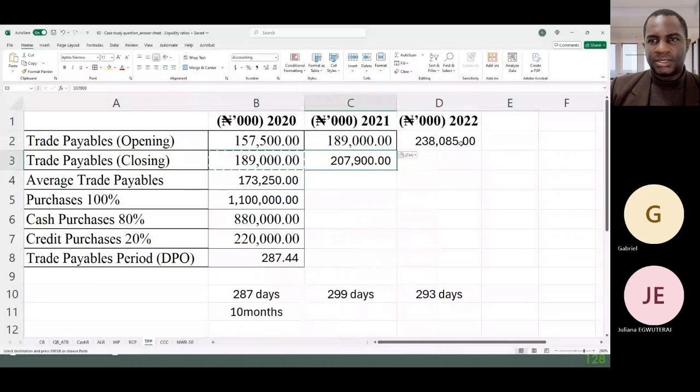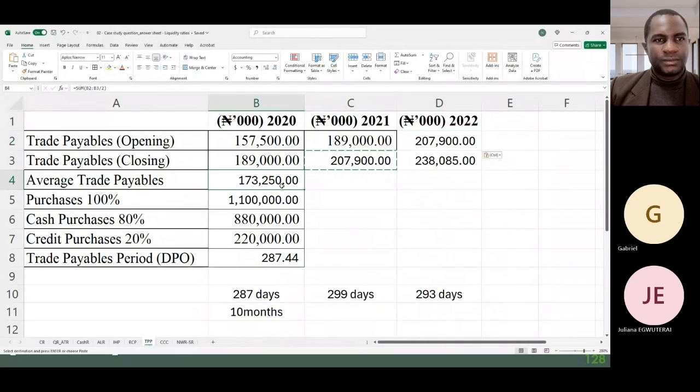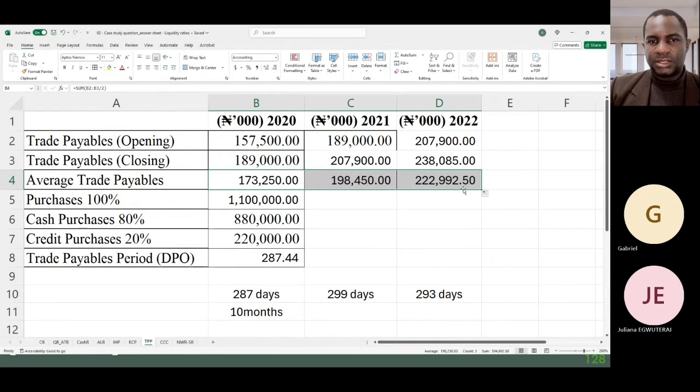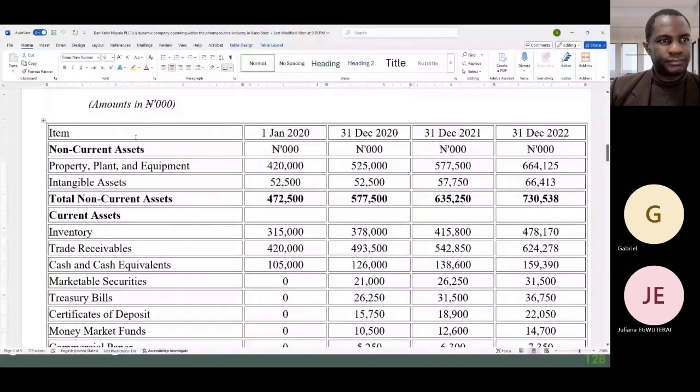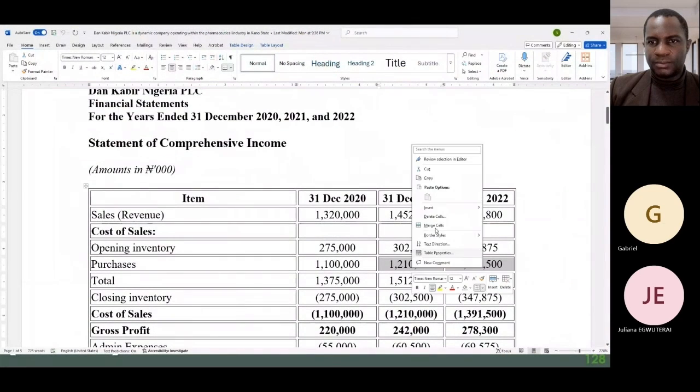This also will come as the second closing, and this will come as the opening. Okay, so let me just drag with Excel. Let me go pick purchases also. Purchases is 1.2 and 1.3.